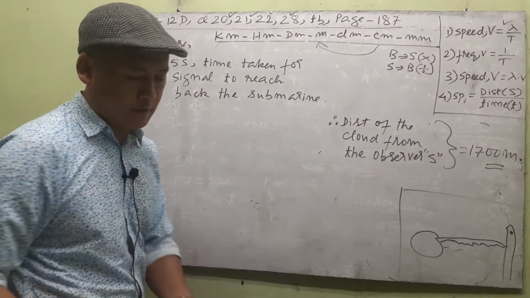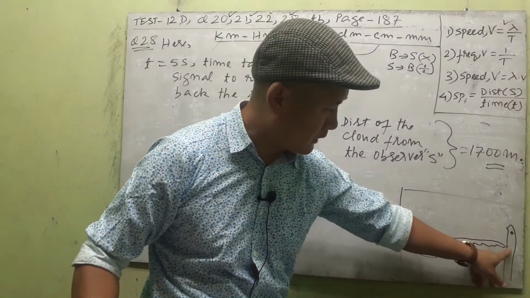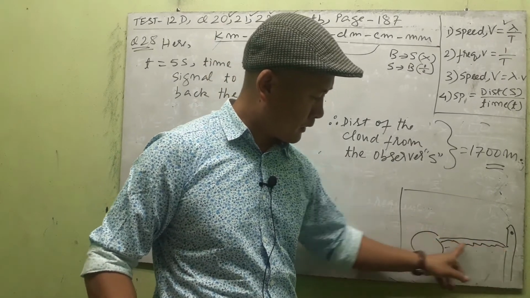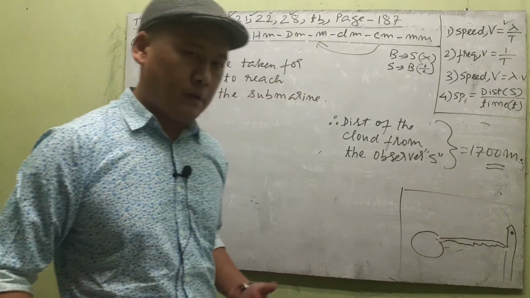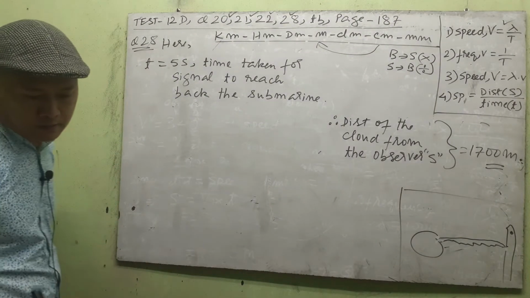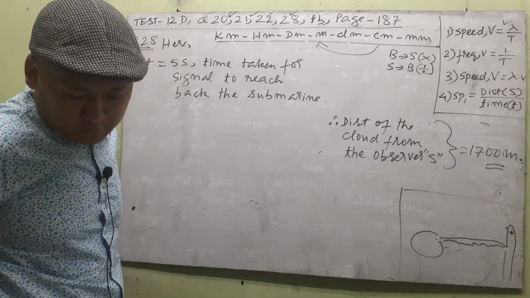In other words, a signal is sent from the submarine, so it will go and hit the cliff and come back. So the time taken to go and hit the cliff and reach the submarine from where it came is 5 seconds. Okay, then as we read on, calculate the speed of the sound.